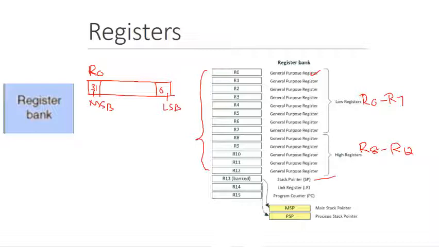R14 is called the link register and R15 is the program counter. One of the main features of the ARM is that the stack pointer is divided into two types. One is the main stack pointer and another one is the process stack pointer. The user can select one of the stack pointers using a special register called the control register, which we shall see in the coming slides.